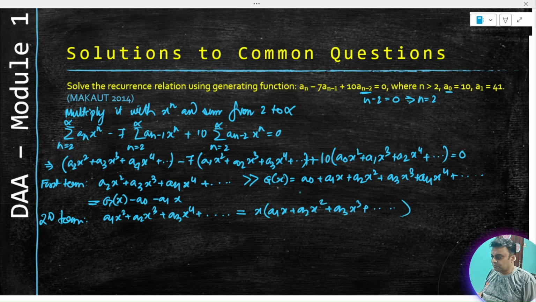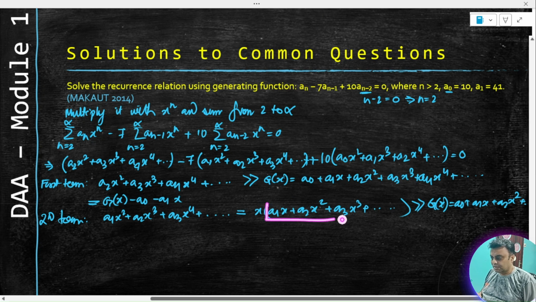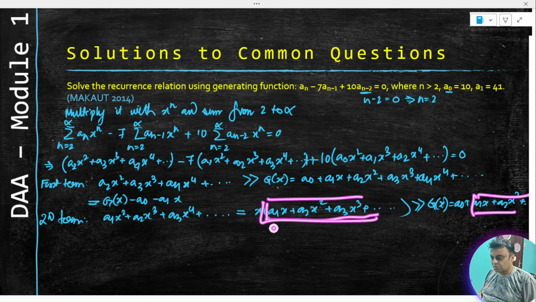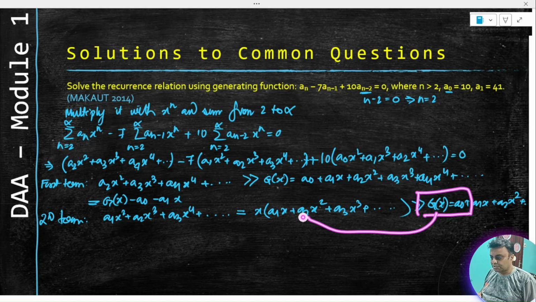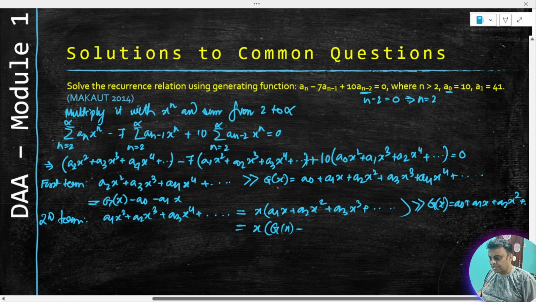Now if I compare it with gx equal to a0, a1x, a2x square dot dot dot, then I will see that my a1x here matches with a1x there. So it should be x into gx minus a0, which is what my second term will be equal to.